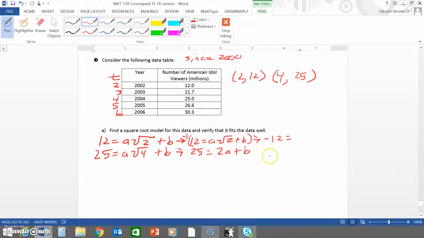Now let's do one thing before we continue. Since we know we're going to be left with the square root of 2, let's round this to 3 decimal places. Let me pull up the calculator here.